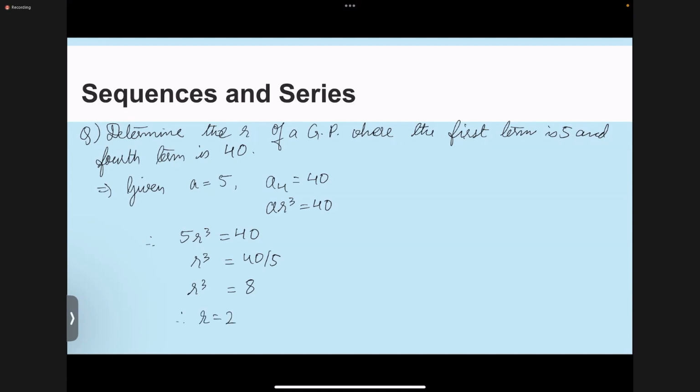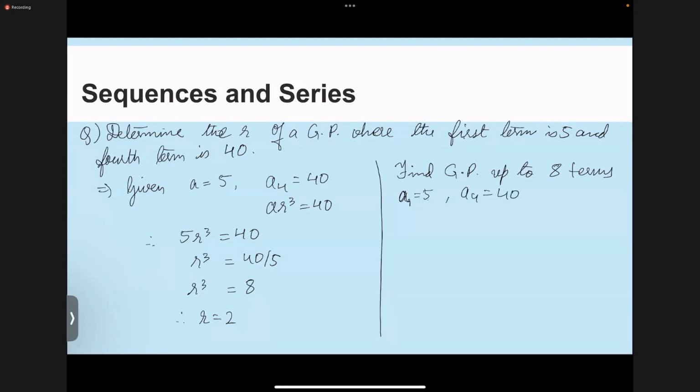Okay. So suppose you are asked to find the GP up to say 8 terms. Okay, so we have A1 as 5, and we have been given A4 also as 40.